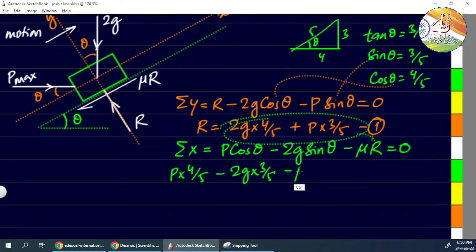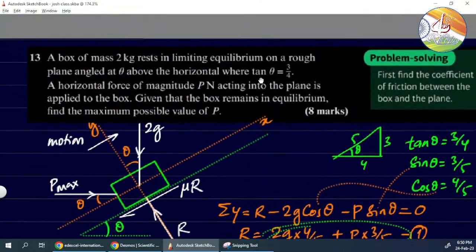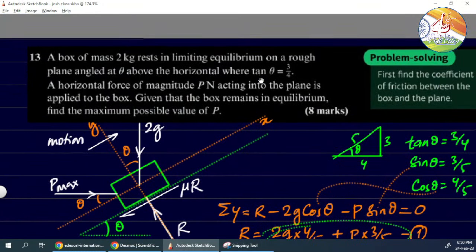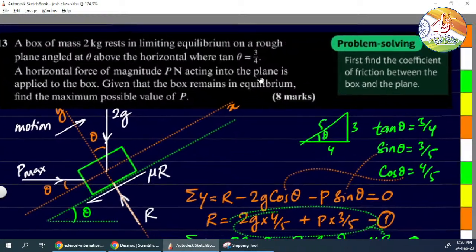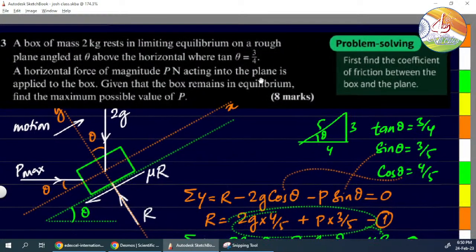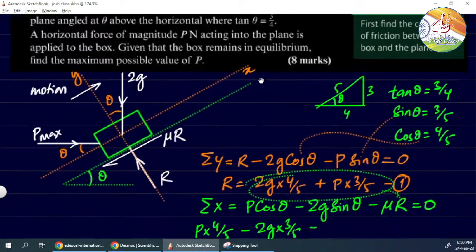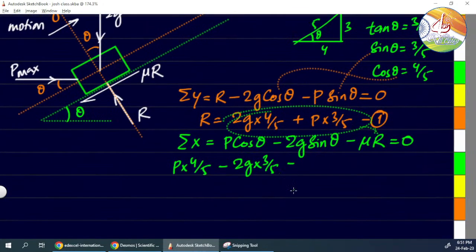Is mu given or not given? Mu is not given. So the coefficient of friction also needs to be found. Let us keep mu as it is.